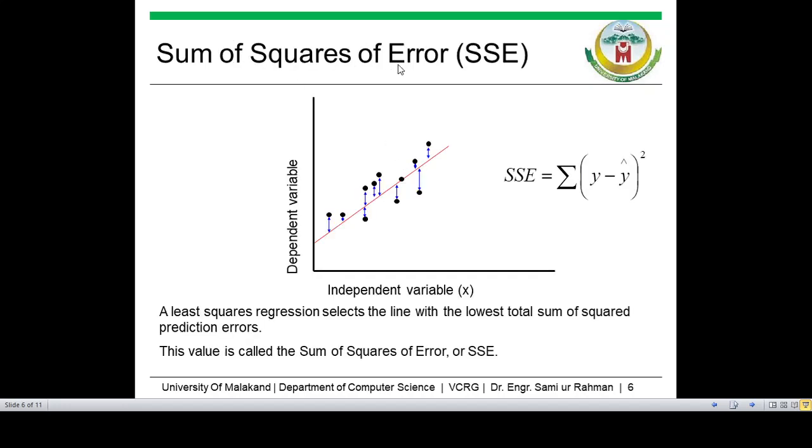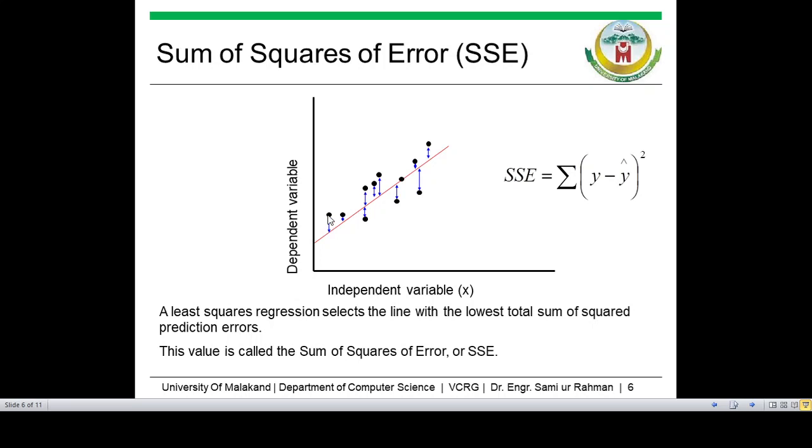Okay, sum of square of error, what does this mean? This means that least squares regression selects the line with the lowest total sum of squared prediction errors. For each observation, take the actual value minus the prediction value and square it.